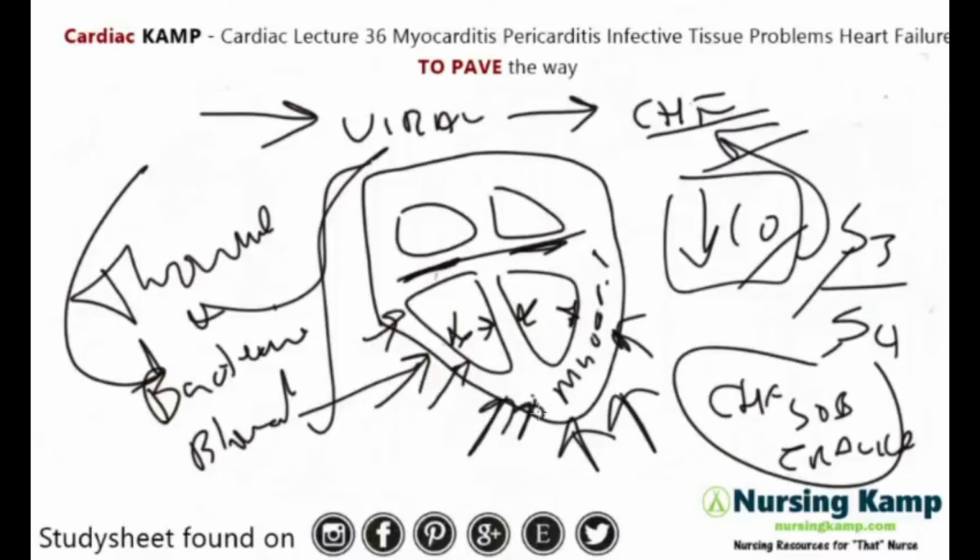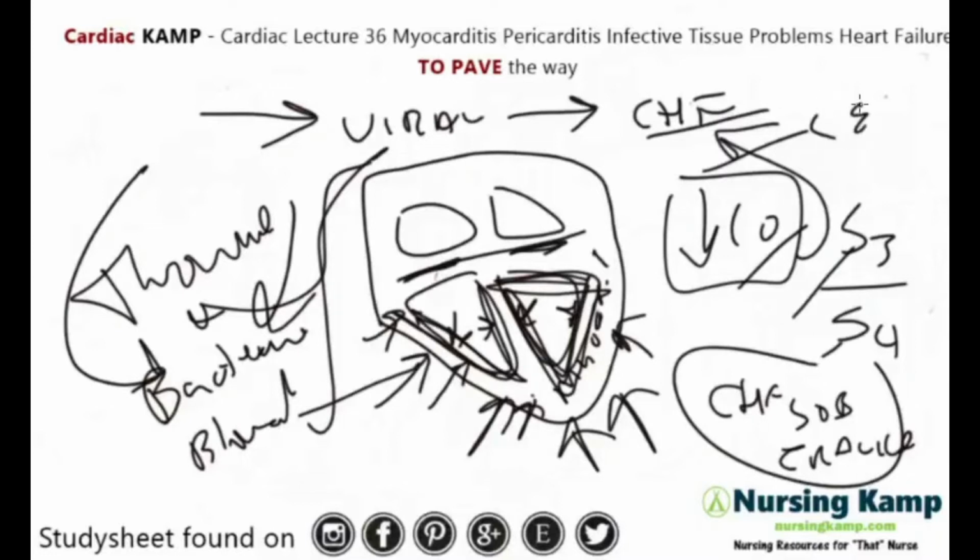With myocarditis, you treat the underlying cause, whatever the underlying cause is. And sometimes these patients might actually need some strong medications to pump the heart because they get pretty CHF, as far as a low ejection fraction.